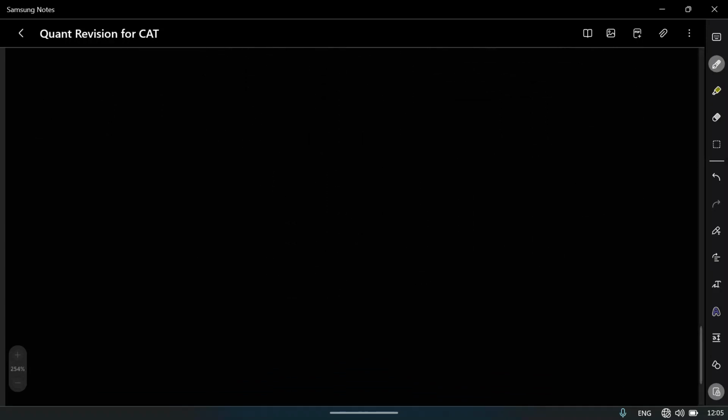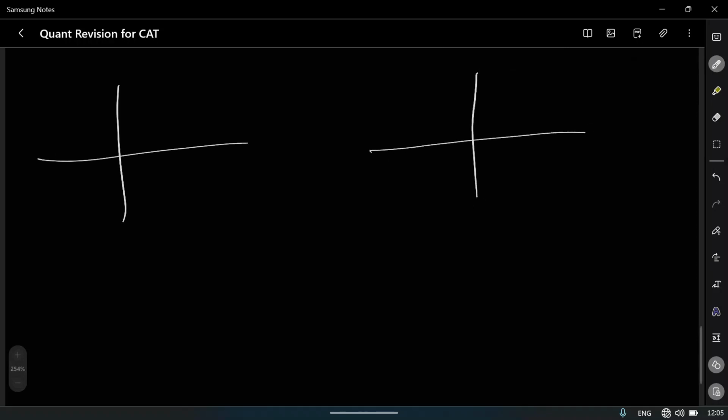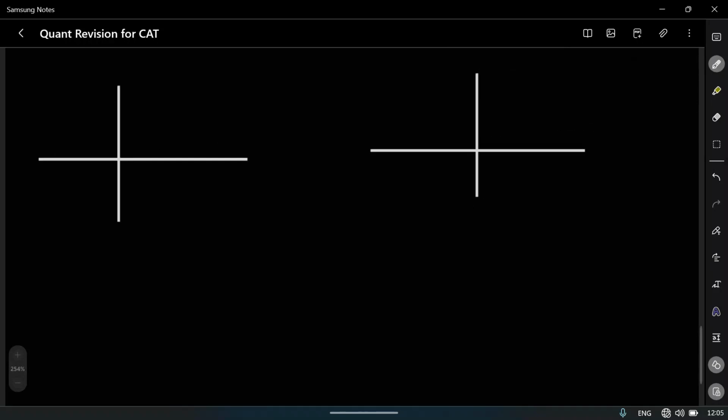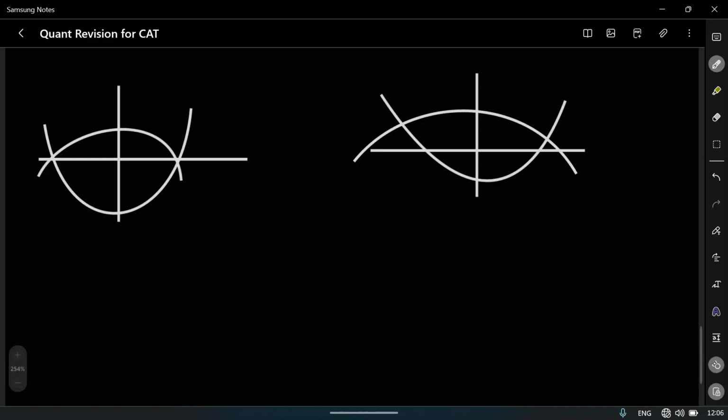And I'll discuss one concept called common roots and common solutions. Let us take a graph and another graph. Here, these two are common roots, and these two are common solutions.